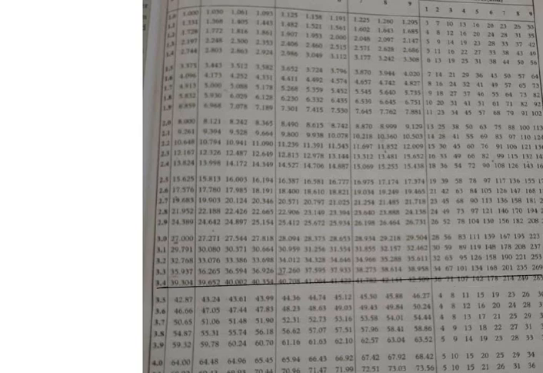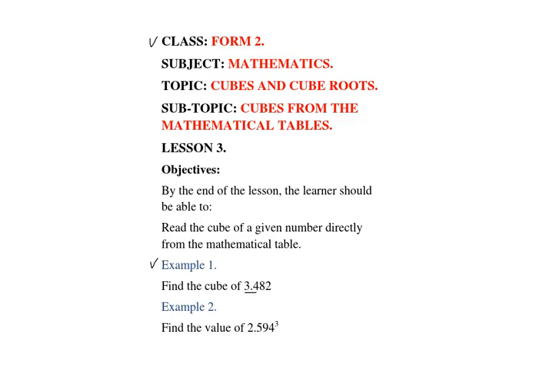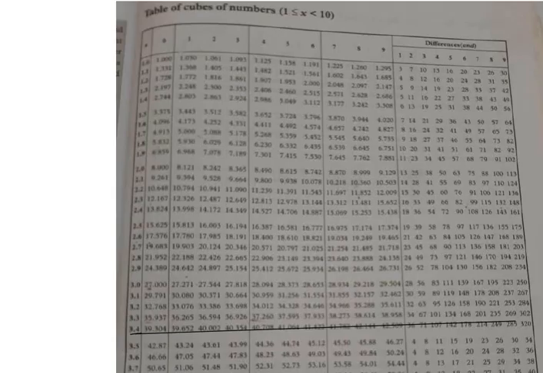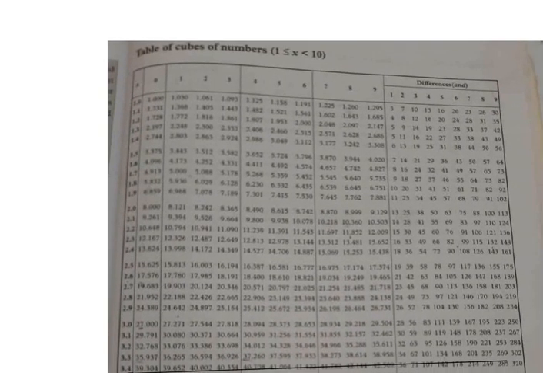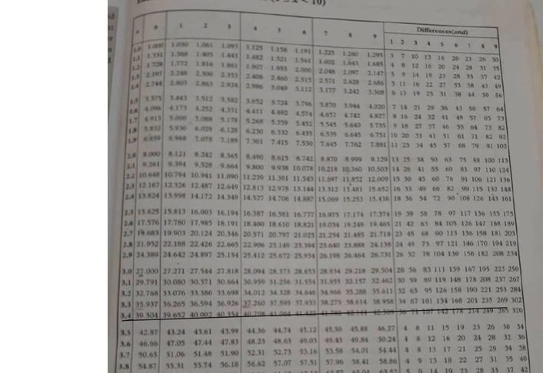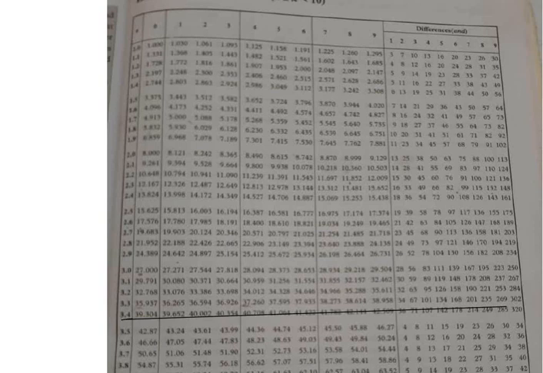The next digit is 8. So we go to the column labeled 8. And this is the column labeled 8. Then we draw a line downwards to meet our row.